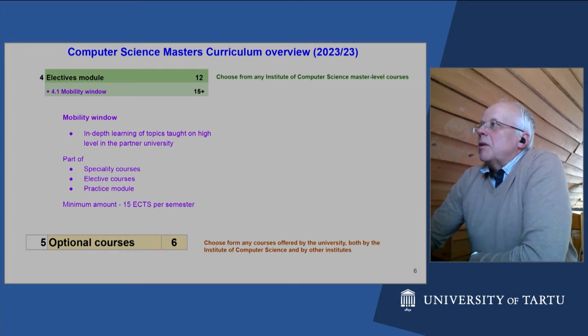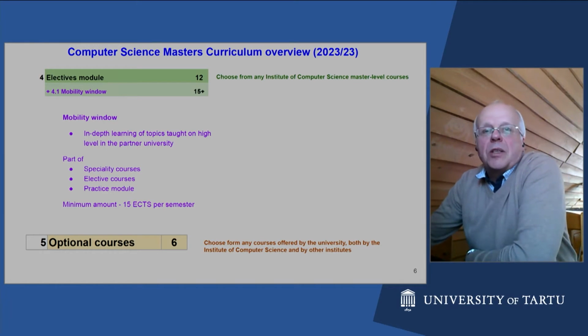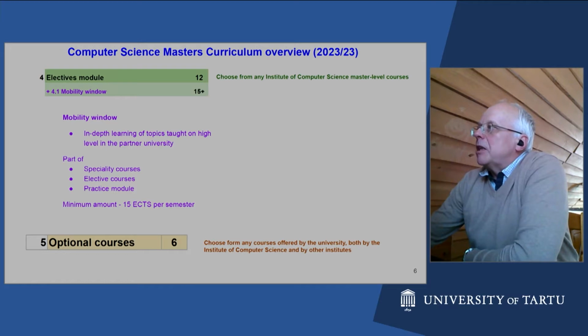Then the electives module is the one that you can use to take whatever courses from our institute and from other specializations as well, mainly. The only limitation is that this should be our institute's master level course.